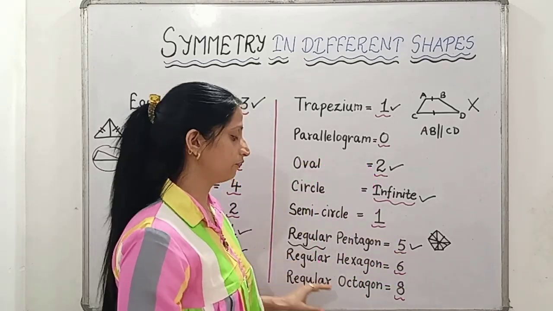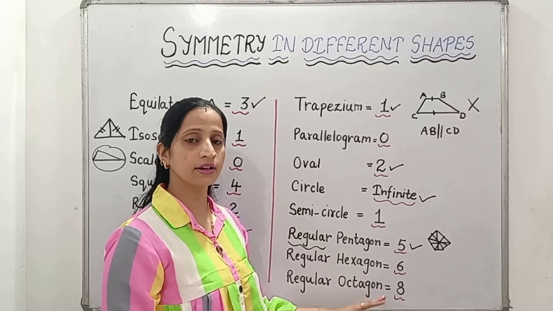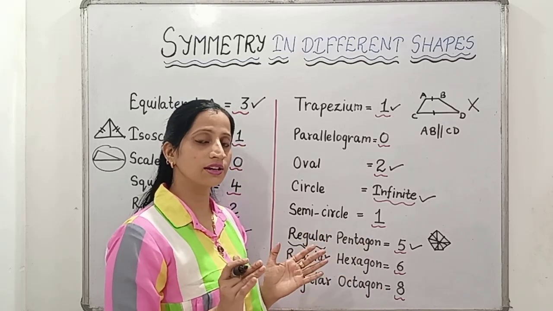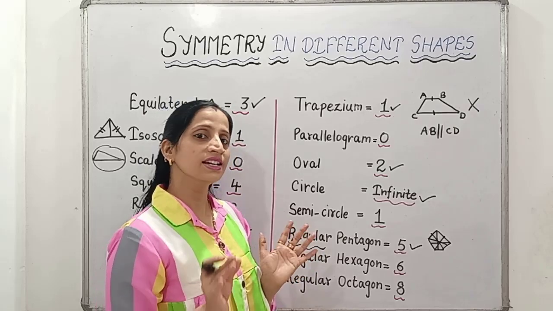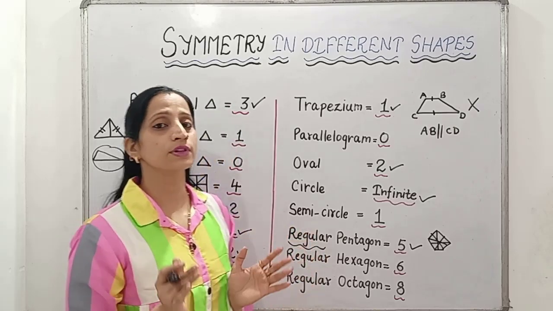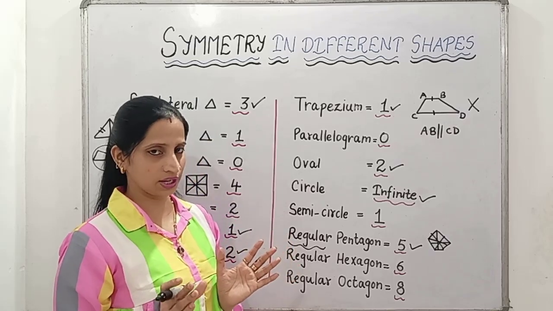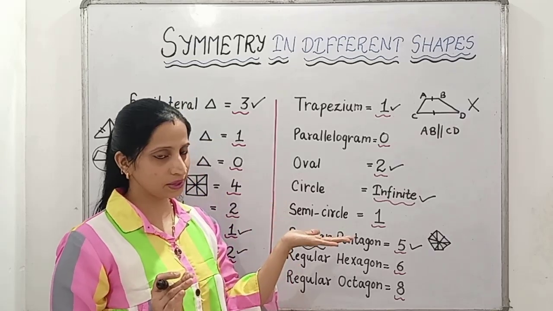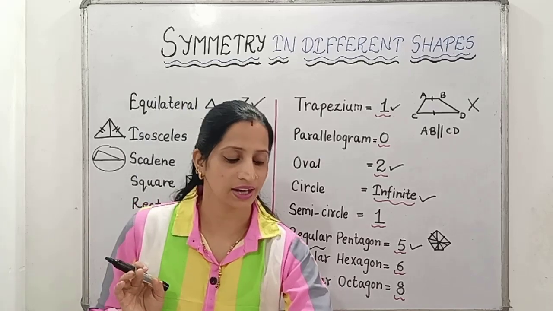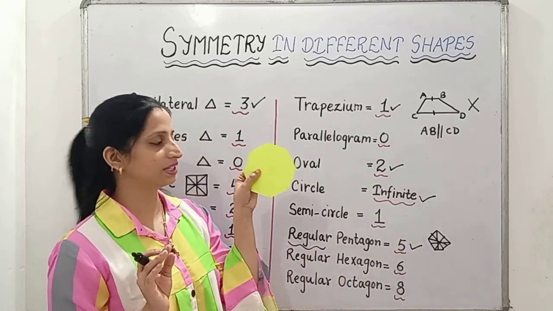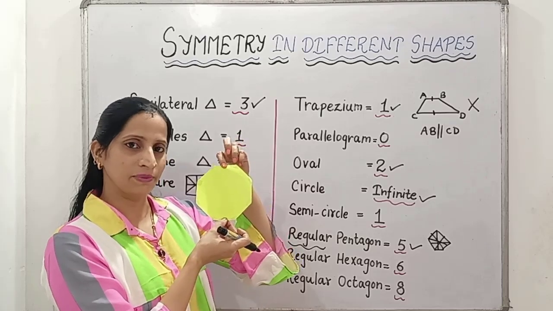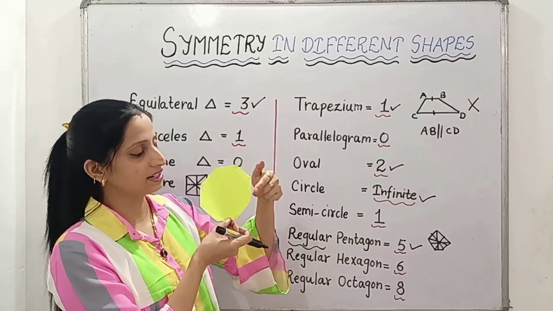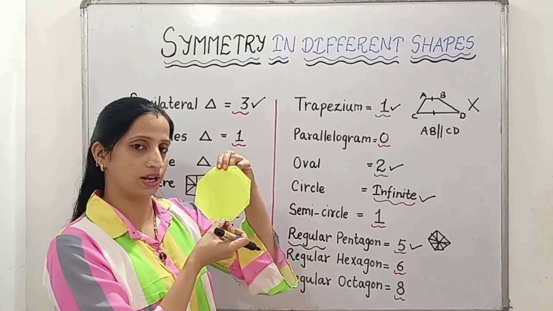I have not written the septagon here, or heptagon, which means a polygon with 7 sides. A closed figure with 7 sides is known as septagon, or sometimes we call it heptagon also. Okay, so that will have 7 lines of symmetry. Octagon I have. So this is an octagon. It has 8 lines of symmetry because it has 8 sides and all the sides are equal.